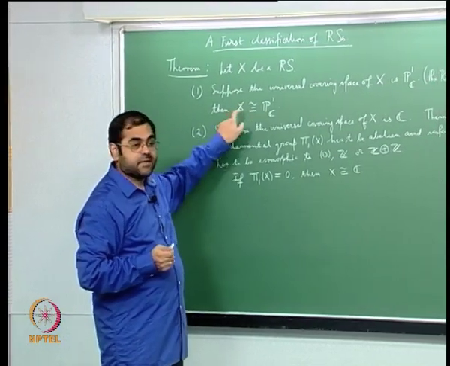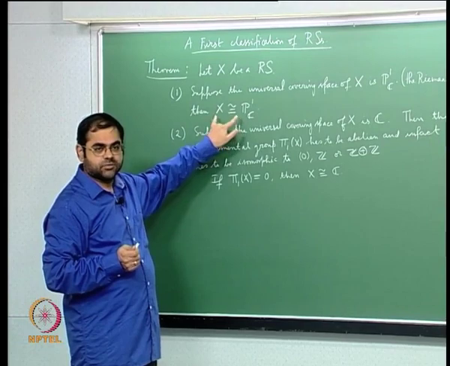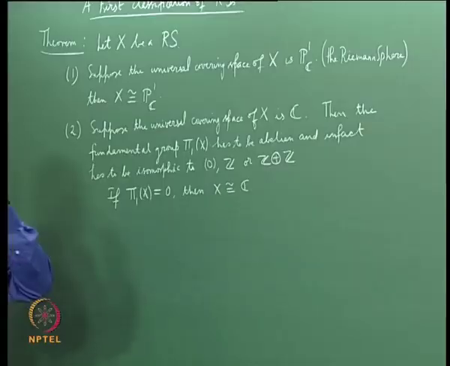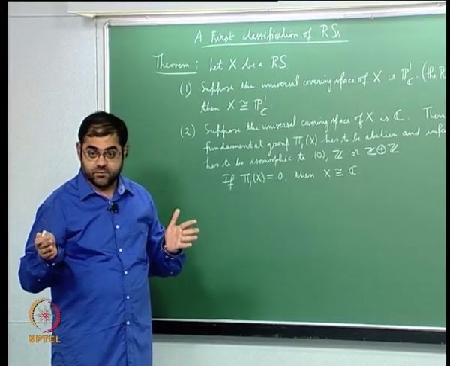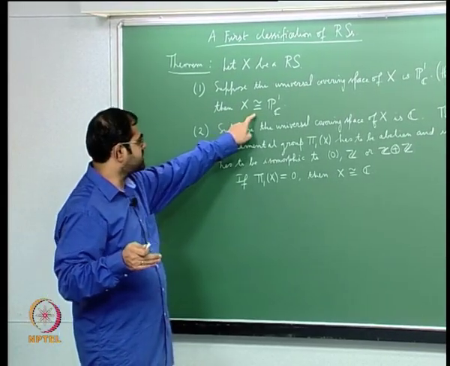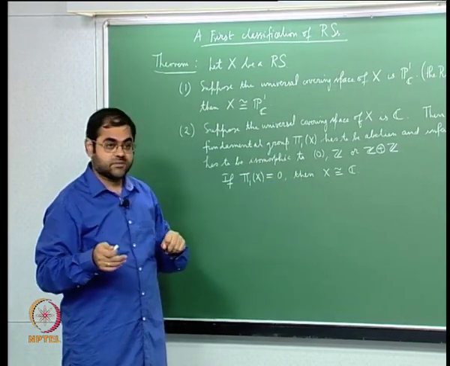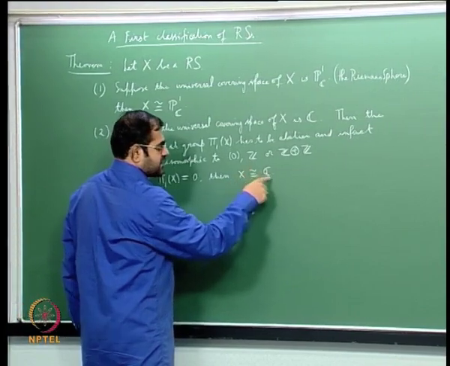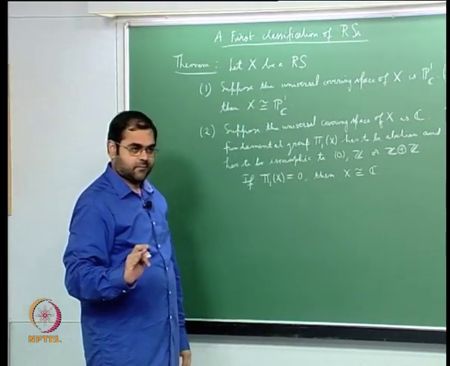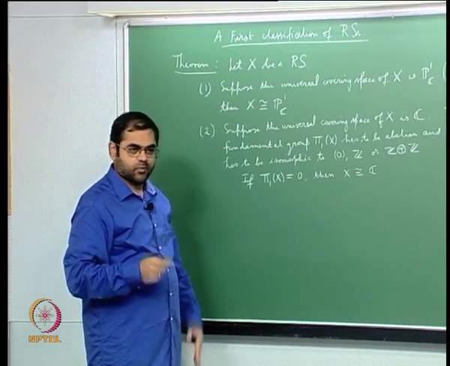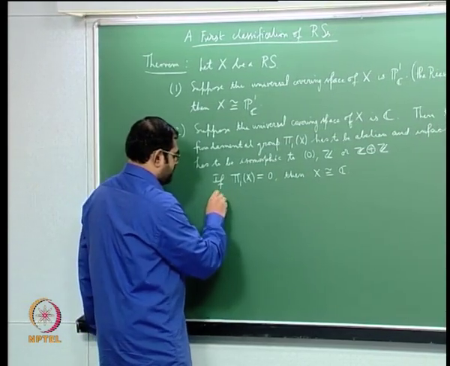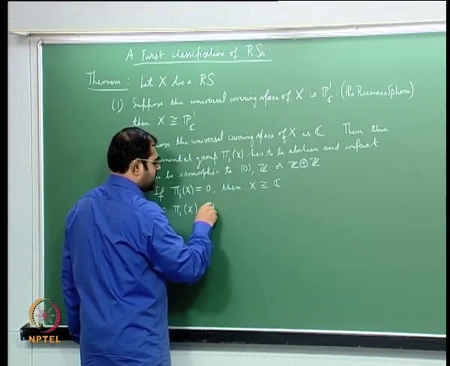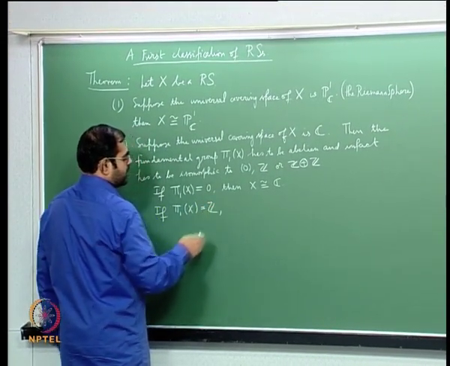It is an isomorphism as Riemann surfaces, not just a topological isomorphism. Mind you, we are trying to classify Riemann surfaces up to isomorphism, so all the isomorphisms I am talking about here are isomorphisms as Riemann surfaces. So if the first fundamental group is 0, then X has to be just the complex plane up to a holomorphic isomorphism.